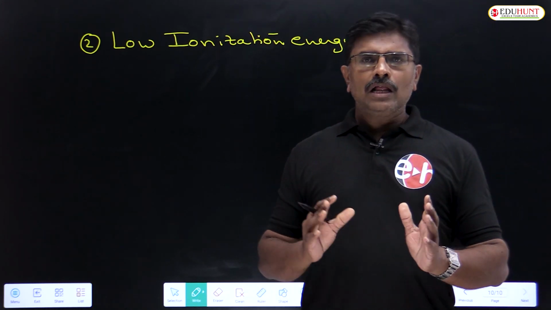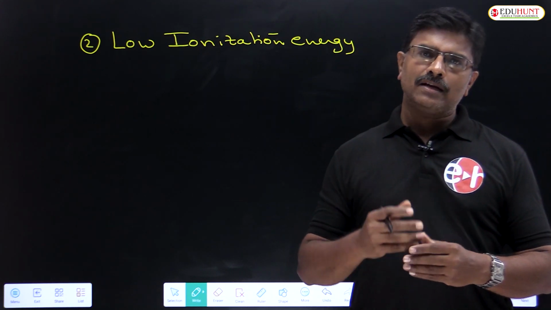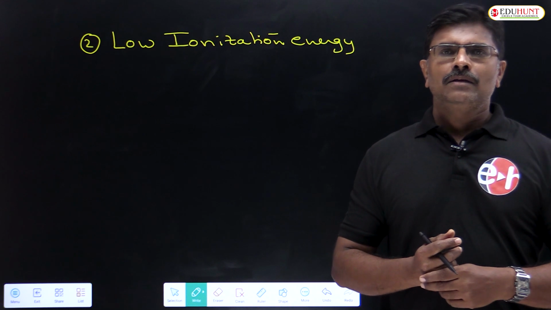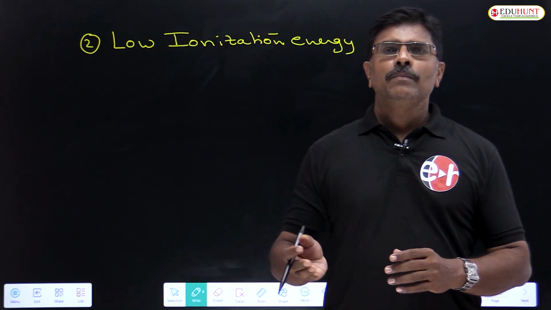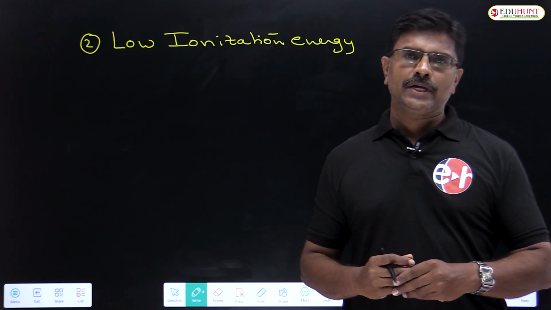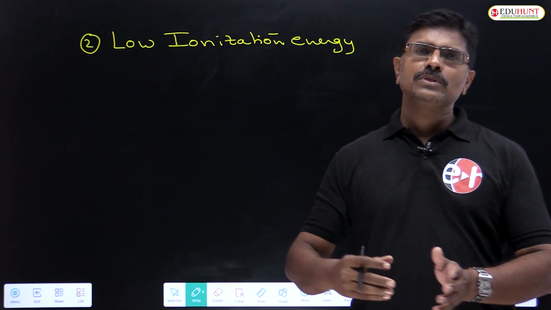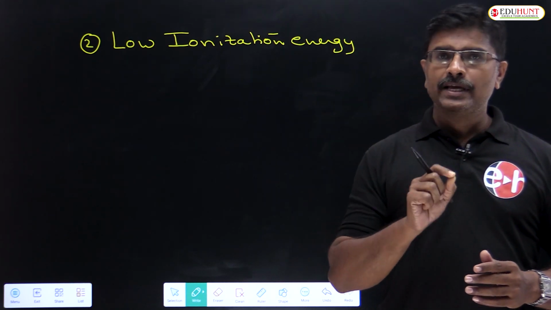Among all the elements, those having lower ionization potential are again the 1A group elements. In the 1A group, if you consider cesium, because of its larger size, it will have the lower ionization potential. So cesium can lose the electrons very easily. And dear students, I am mentioning a point here.